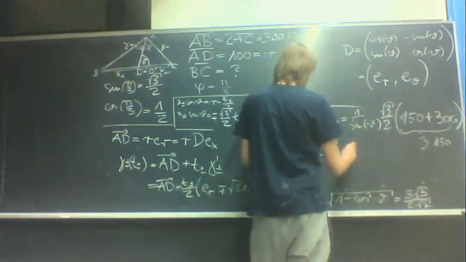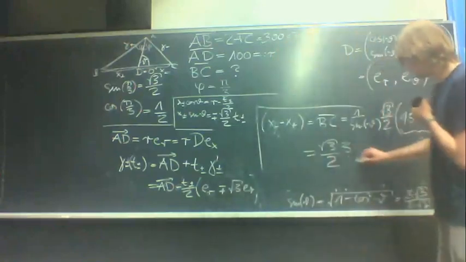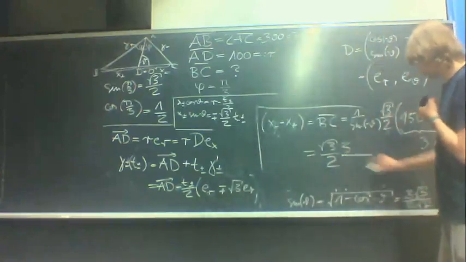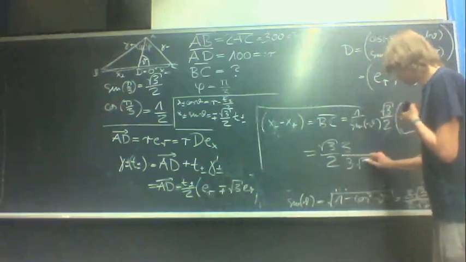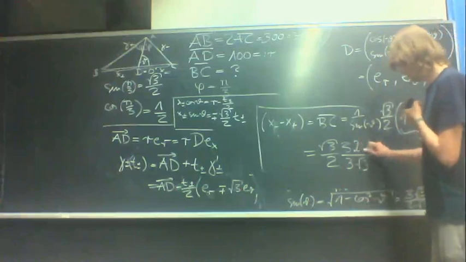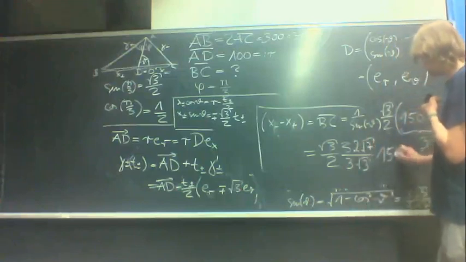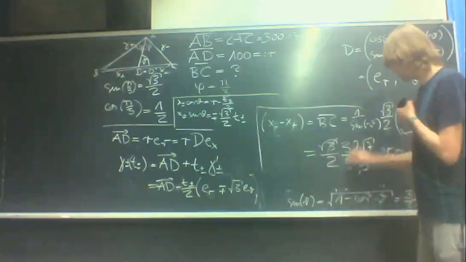We'll bring out this 3 to the front, and we will insert sine of theta. So 3 times square root of 3, and here we will have 2 times square root of 7. We're left with 150. We can cancel out this.